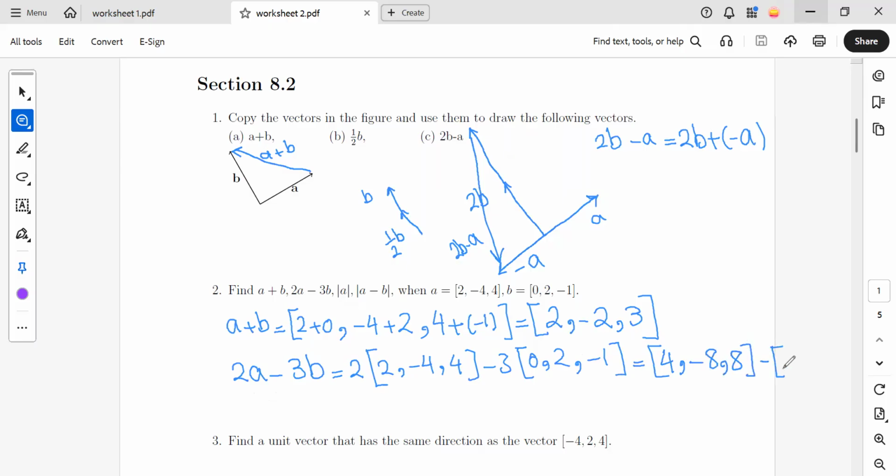The next one, if you multiply that by 3, would be (0, 6, negative 3). Altogether, if you subtract this, you would have 4, negative 8 minus 6 is negative 14, and 8 minus negative 3 means 8 plus 3, which is 11.